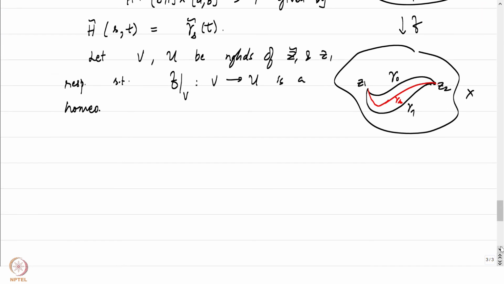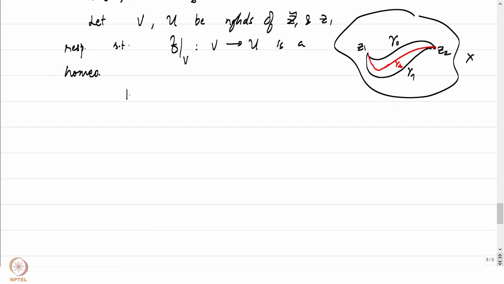Now our map capital H is a continuous map, and if you observe H inverse of capital U is an open subset of, well, where is capital H from? It's going to be from [0, 1] cross [a, b].